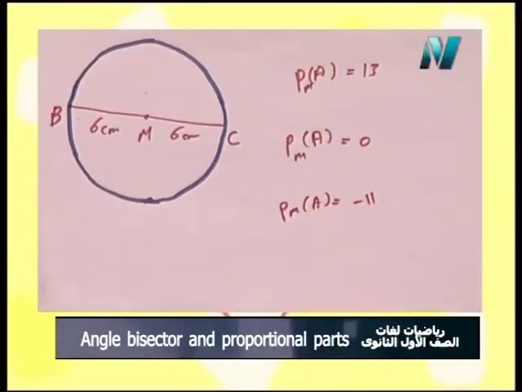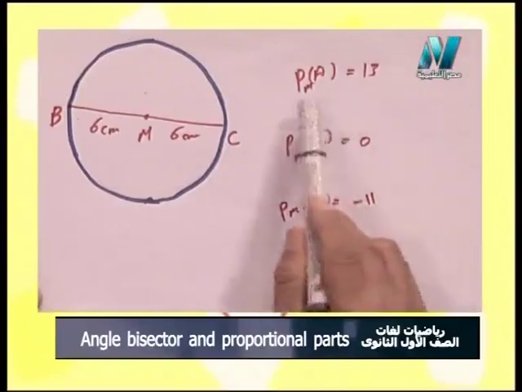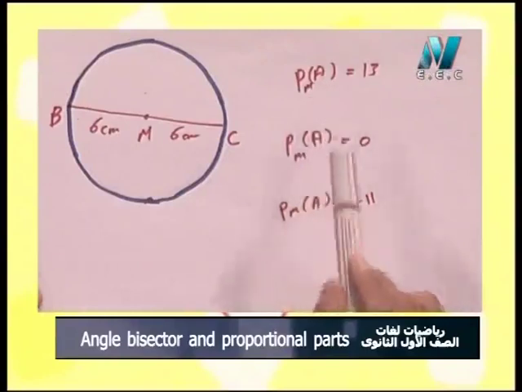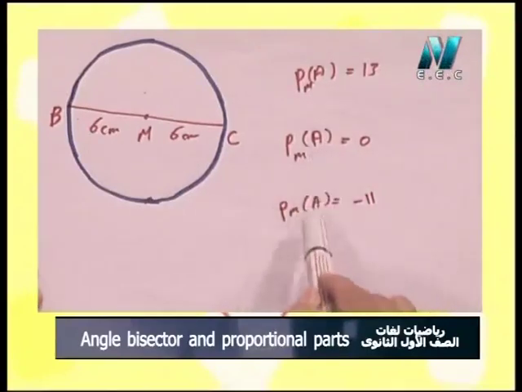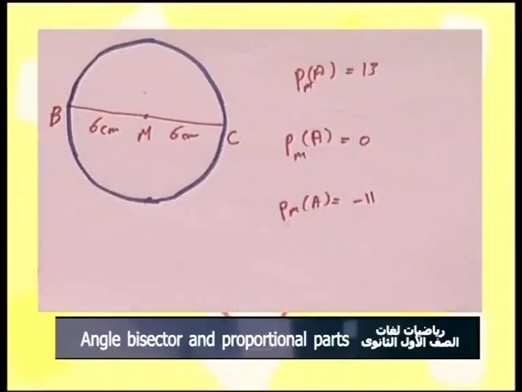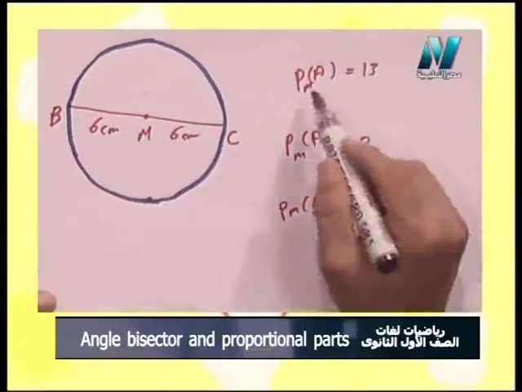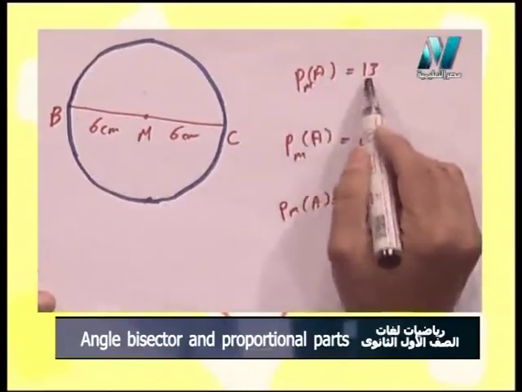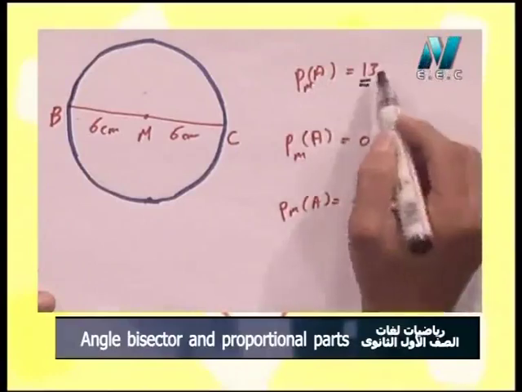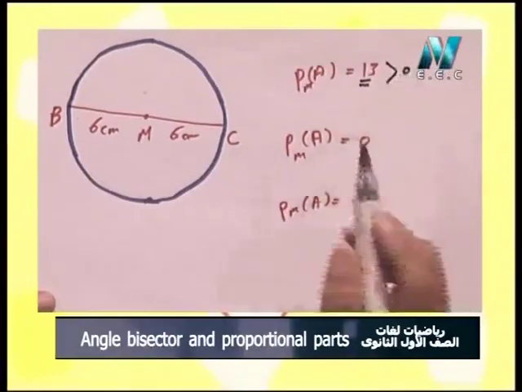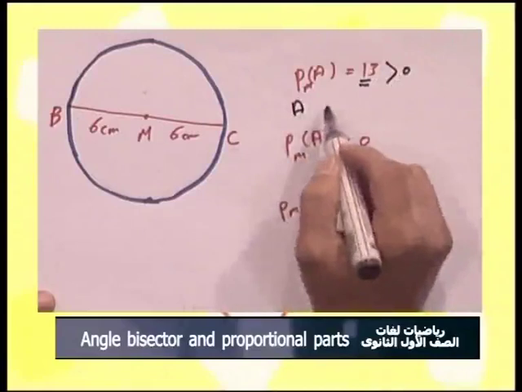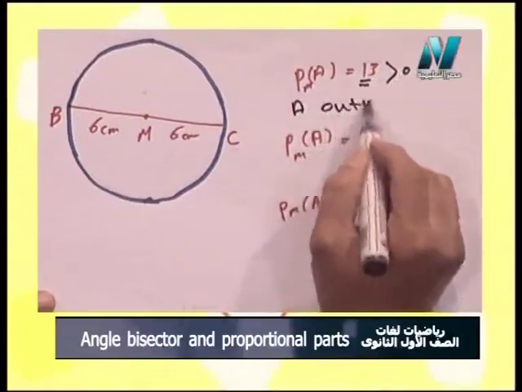And the request is, tell the position of the point A in this case, in this case, and in the third case. We know that this power of the point equals 13, which is a positive number greater than 0. So A here lies outside the circle.